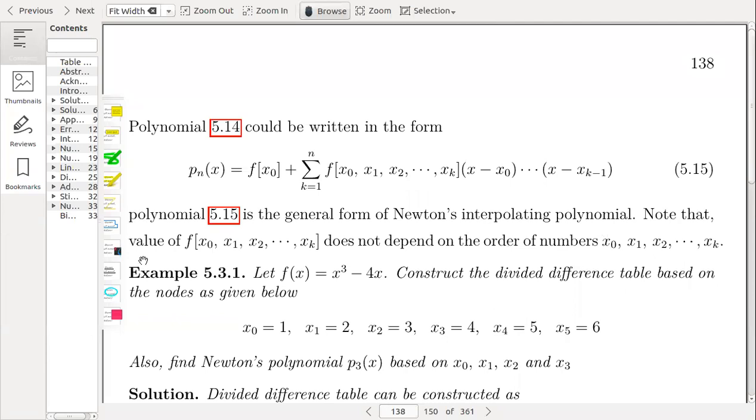Note that the value of f of x naught, x1, so on xk does not depend on the order of the numbers x naught, x1, so on. So this is the point to be noted: the order can be changed. So it is not necessary to write this in order.